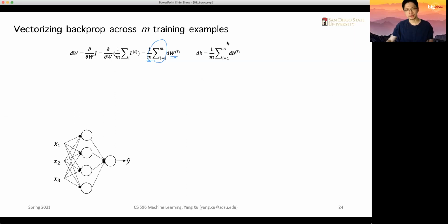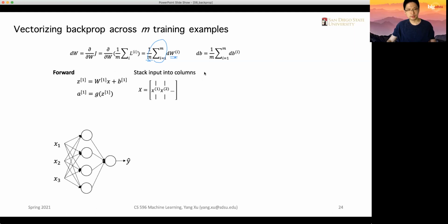All right, going back to vectorizing over a lot of training examples. So now we basically don't use a single vector, but we stack all the units into a matrix.